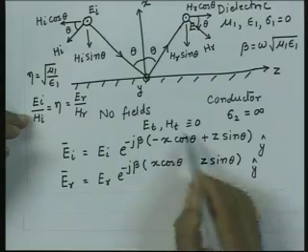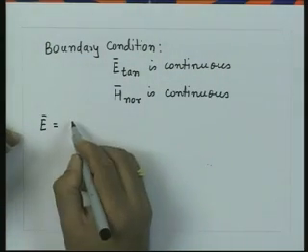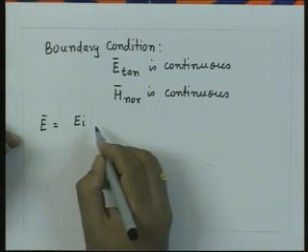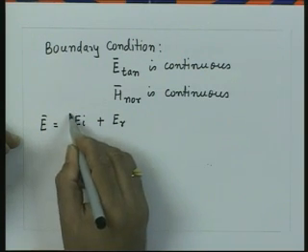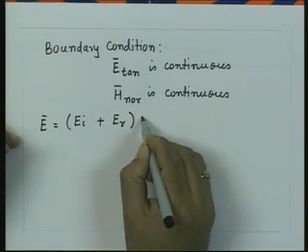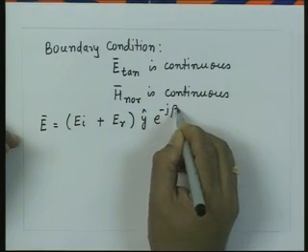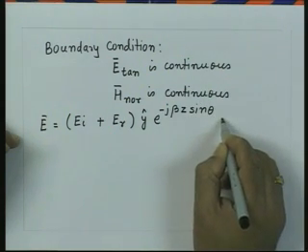So, what we get from here is that if I just take E_I and E_R and put x equal to 0 in this, then we get E_I plus E_R, times y, times e to the power minus j beta z sin theta, that should be equal to 0.